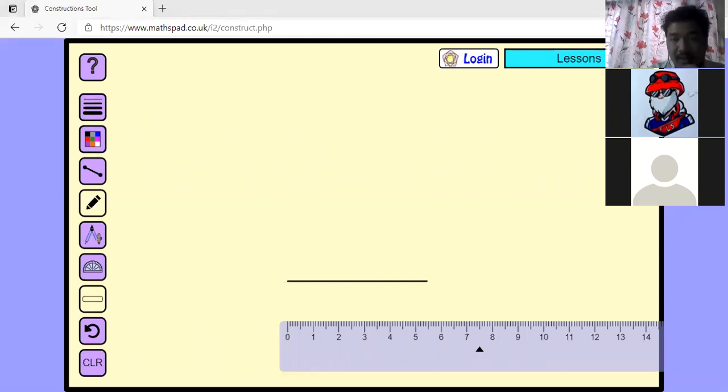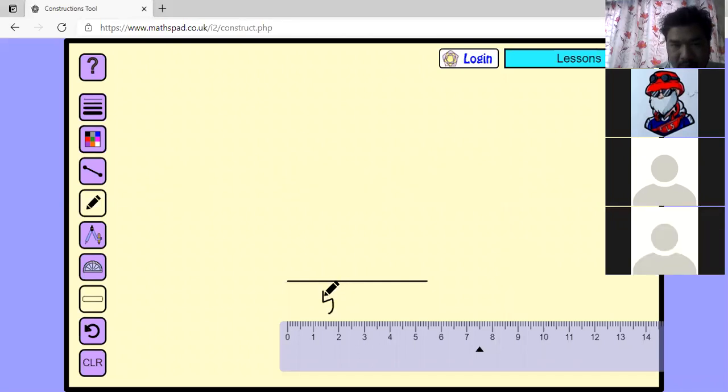And now look here. We have drawn this. How long a line did we draw? 5.5.